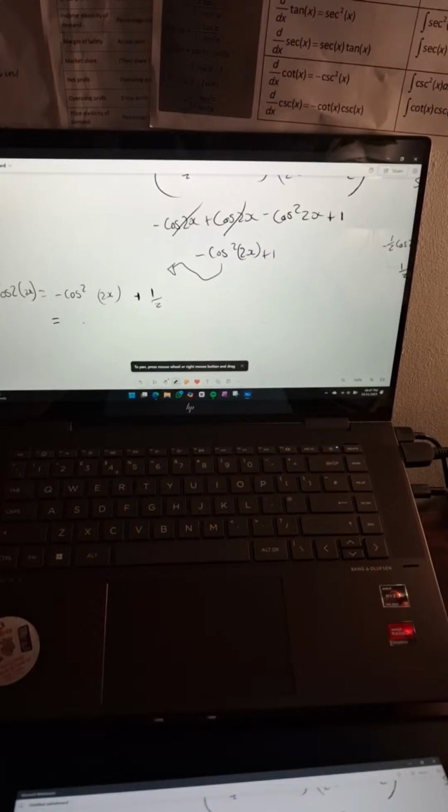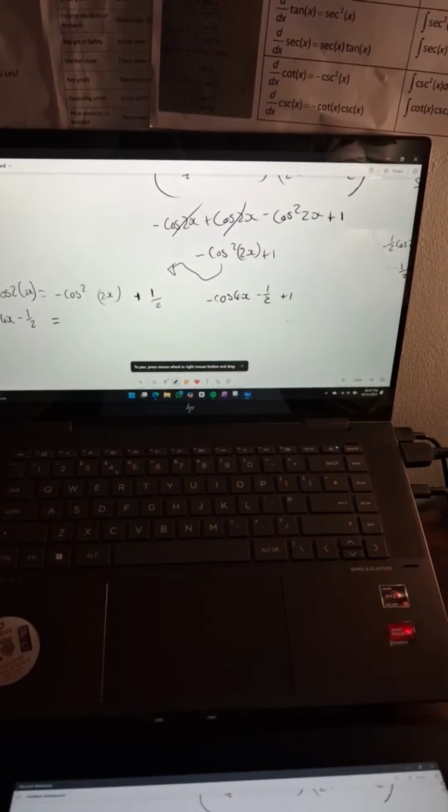So it will become minus cos 4x minus half, and that's what this equals. So minus cos 4x minus half plus 1. And minus half will equal plus half minus cos 4x.